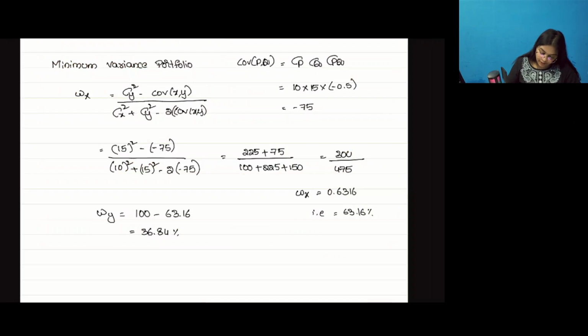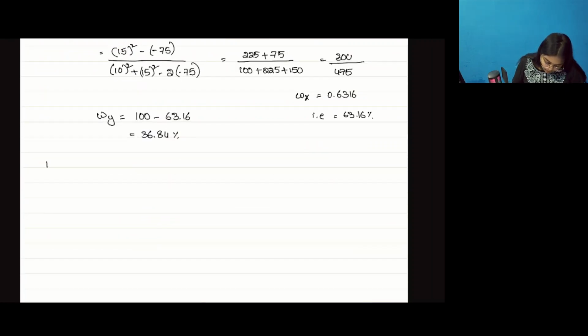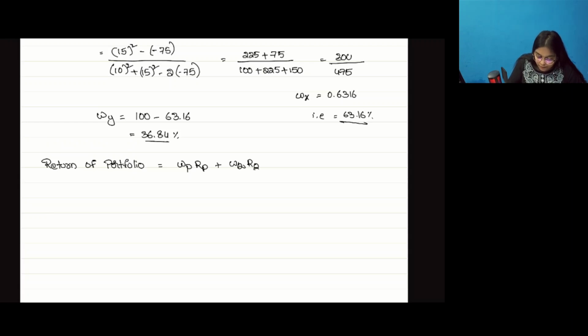If we have to calculate again the return and risk of the portfolio with these weights to construct the minimum risk portfolio, return of portfolio will be weight of p, return of p, plus weight of q, return of q.